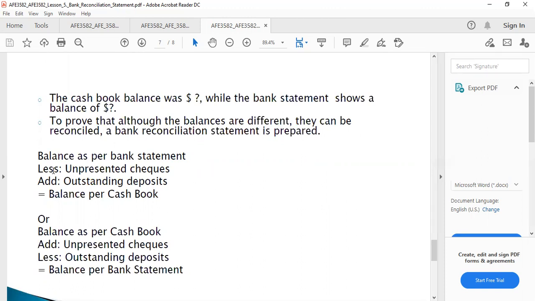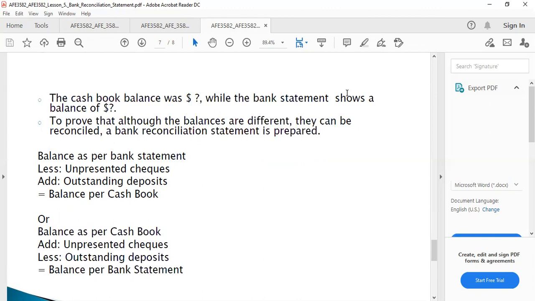You less all unpresented checks. You add outstanding deposits. And then what you get is your balance per cash book. Now the balance as per cash book that you get should be the same as the balance as per cash book of your updated cash book.